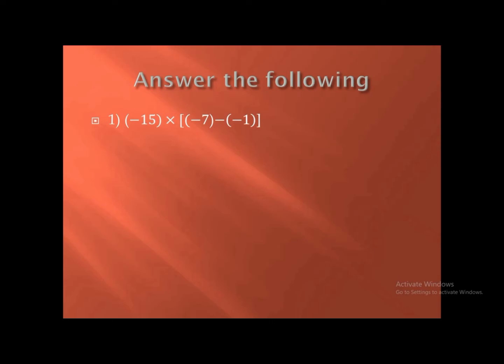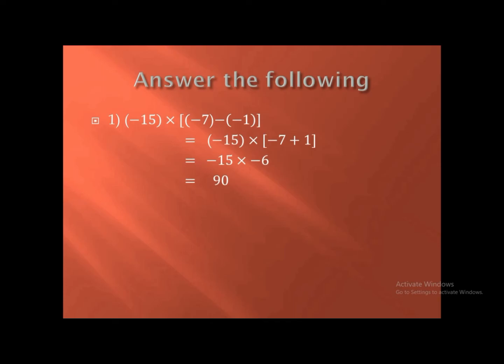So we get minus 7 plus 1, and that is minus 6, and minus 15 into minus 6, product of two negative integers. The sign of the product will be positive, and 15 into 6 is 90. So the answer is positive 90.